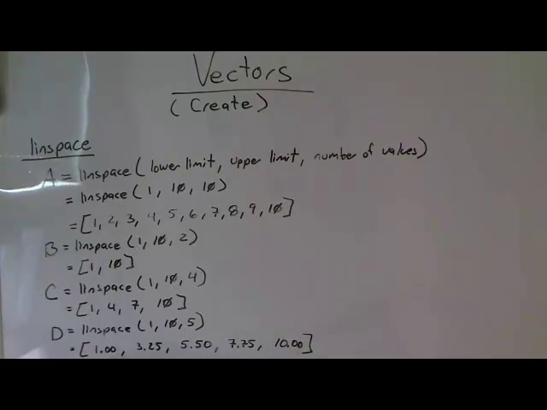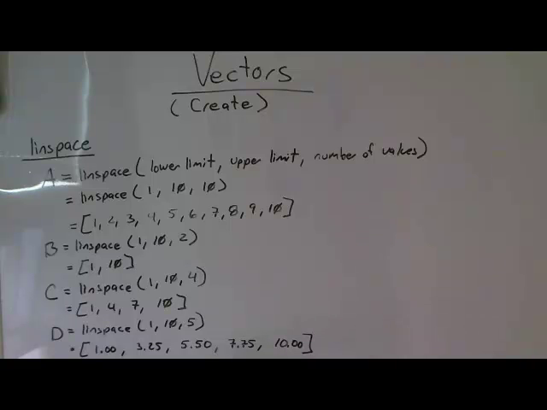Now that's 5 values, 1, 2, 3, 4, 5, starting at 1, ending at 10, evenly spaced. So there's 2 1/4 between these, 2 1/4 between these, 2 1/4 between there, and 2 1/4 between there.